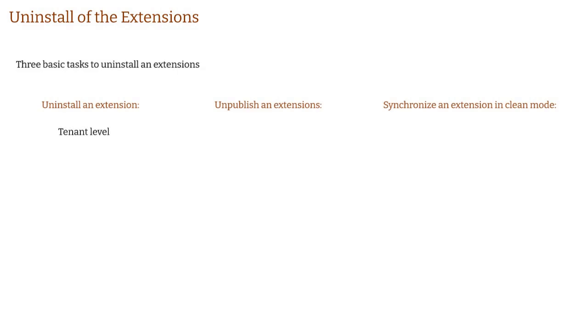This is performed on the tenant level for a specific extension version. This disables the extension on the tenant, thereby making it unavailable to users in the client and removing any user interface that the extension provides. It doesn't affect business data in the tenant. It does not modify SQL or run any user code.